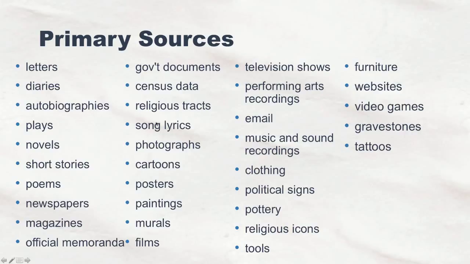But think of anything, photographs, song lyrics, again, primary sources of when they were created. And I would encourage you to be creative about what you can use as a primary source. A website that is created in the year 2005 is a primary source for 2005.